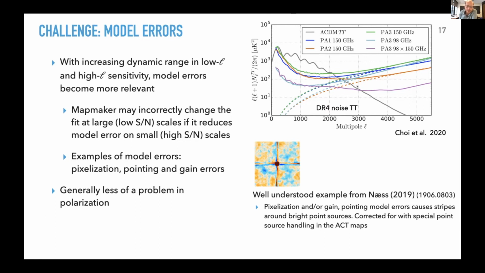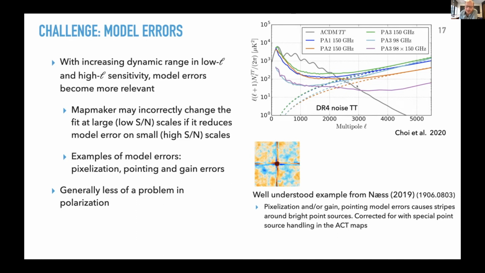And the most scary model errors are ones that happen on small scales where you have lots of signal to noise, but are influenced by large scales.